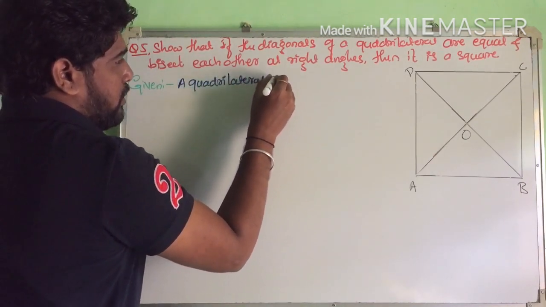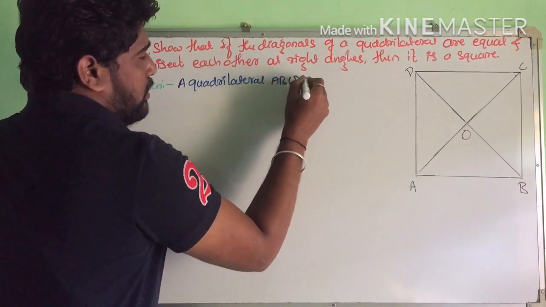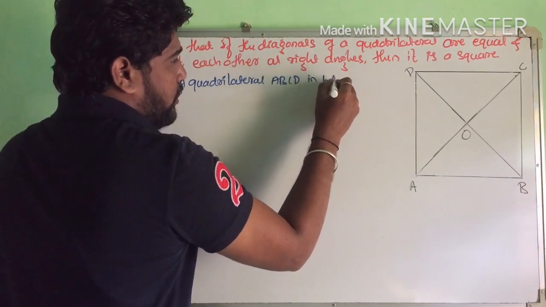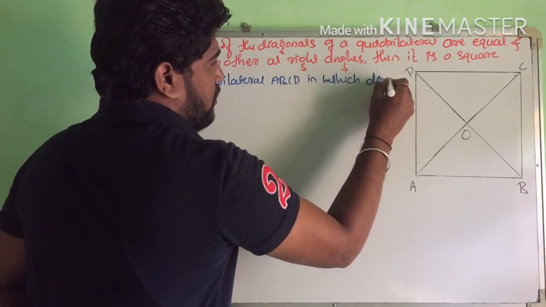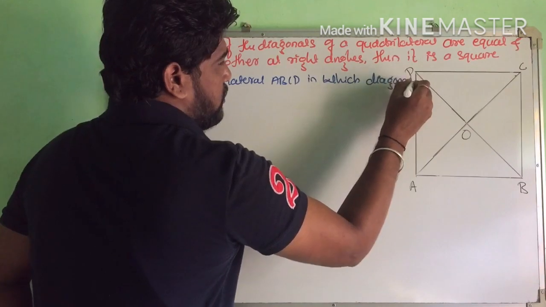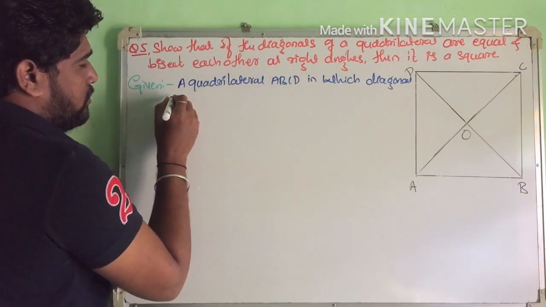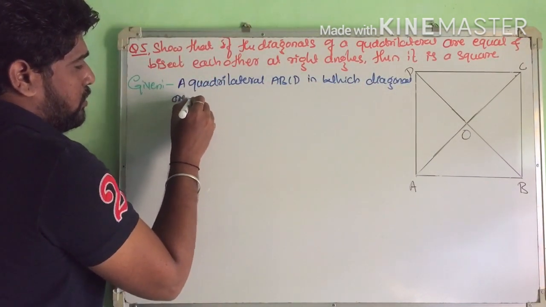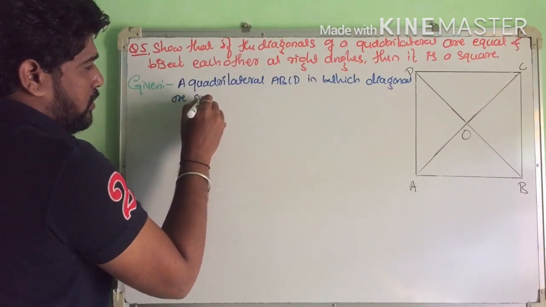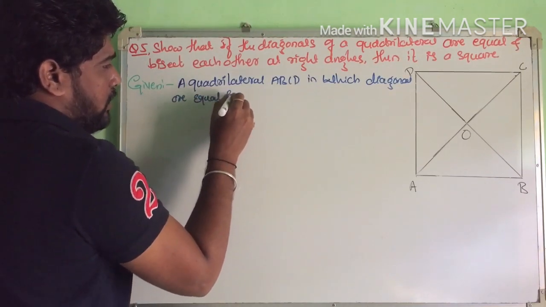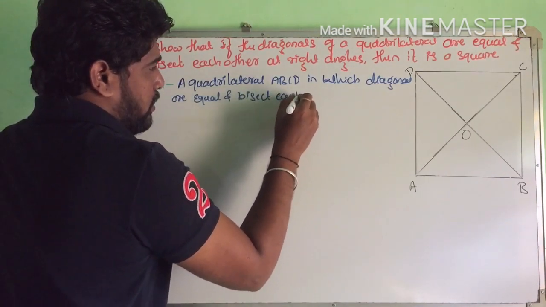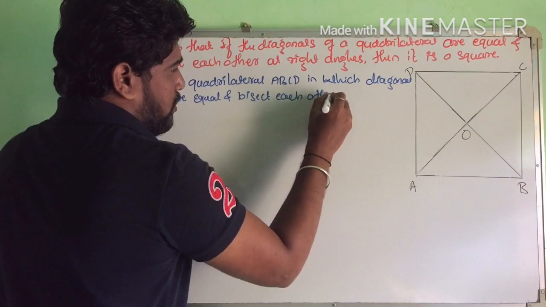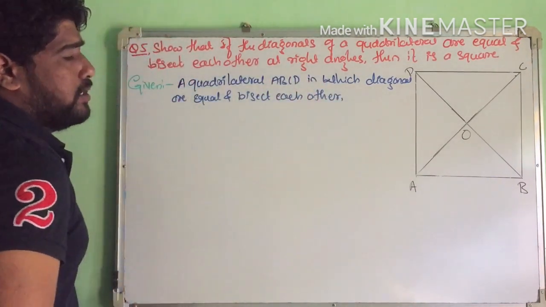Quadrilateral ABCD in which diagonals are equal and bisect each other, right?